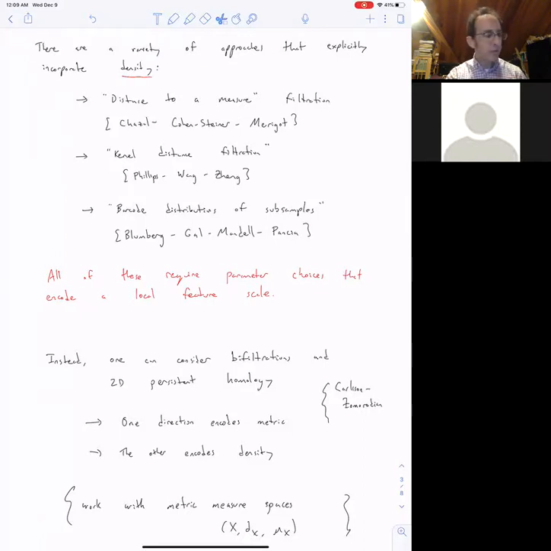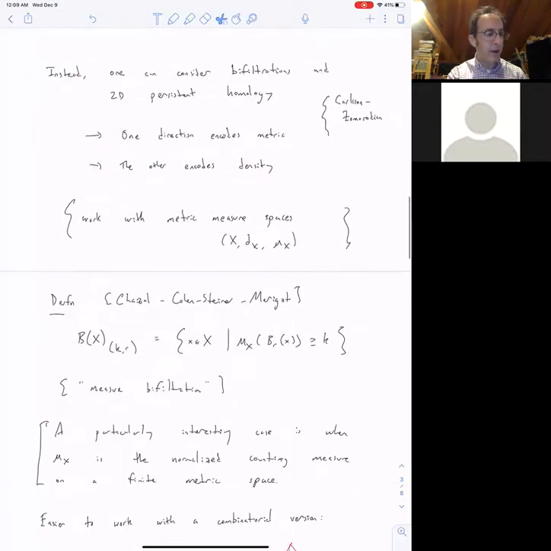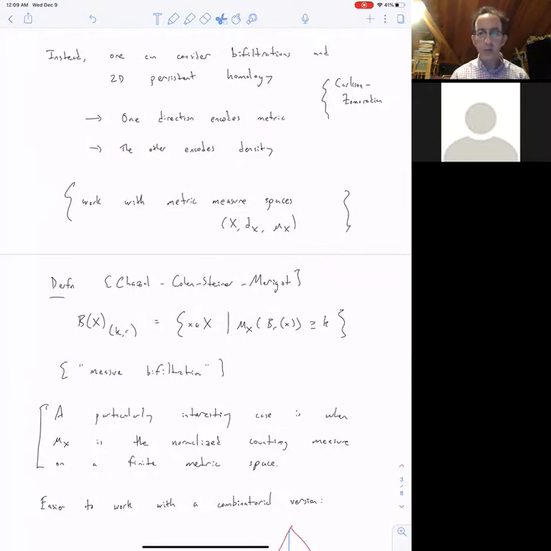But instead, I want to talk about a different way to think about it, which is to use bifiltrations in 2-dimensional persistent homology. In some sense, multidimensional persistent homology was introduced by Carlsson and Zomorodian for just this reason, where the idea is now you have one direction that encodes metric information, which is what you normally have in one-dimensional persistent homology, and the other direction encodes some kind of density parameter.